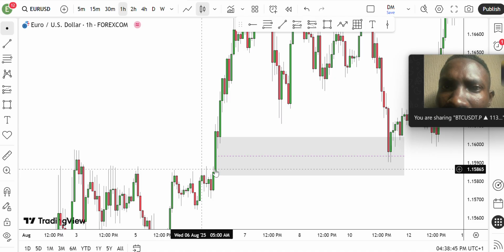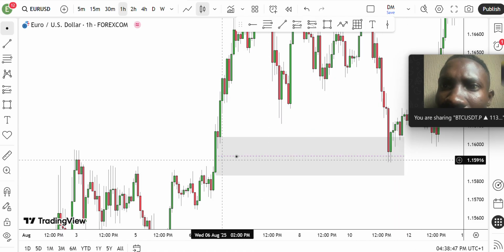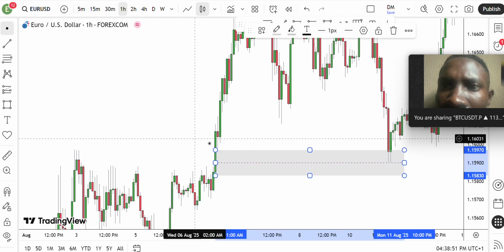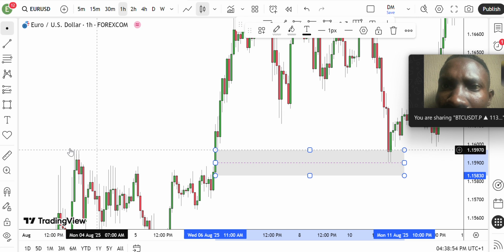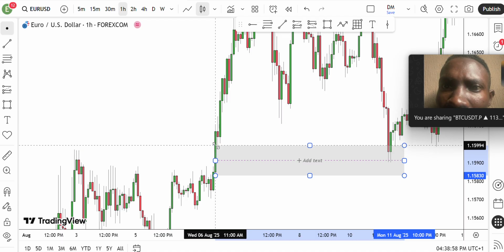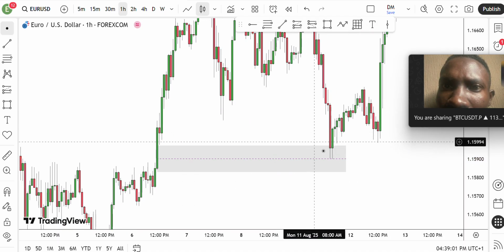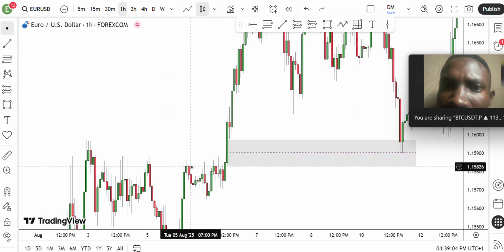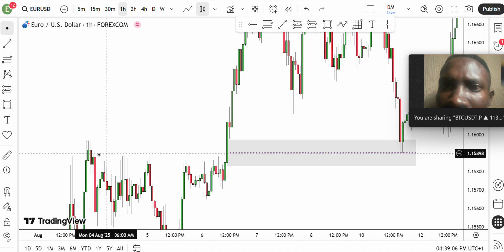Even if you put your box like this, in this case, it still came inside. Or you say, okay, I want to use the tip of this one as the top of my box. It still came inside. So a breaker block is just when we've had a supply fail.